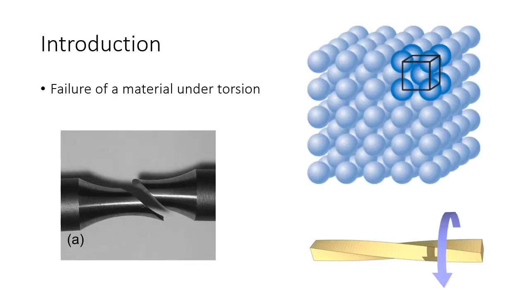To understand the significance of densities, I am taking an example of a drill bit. All of you are aware of a drill bit, and this drill bit is subjected to torsion.